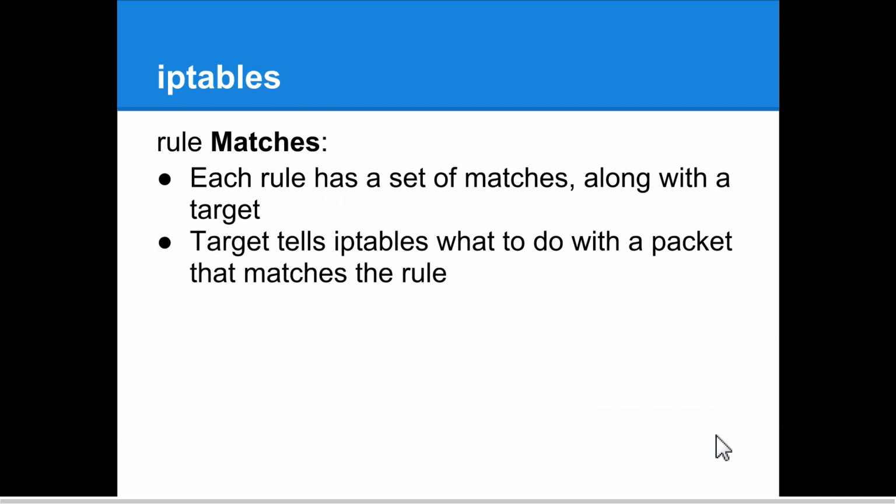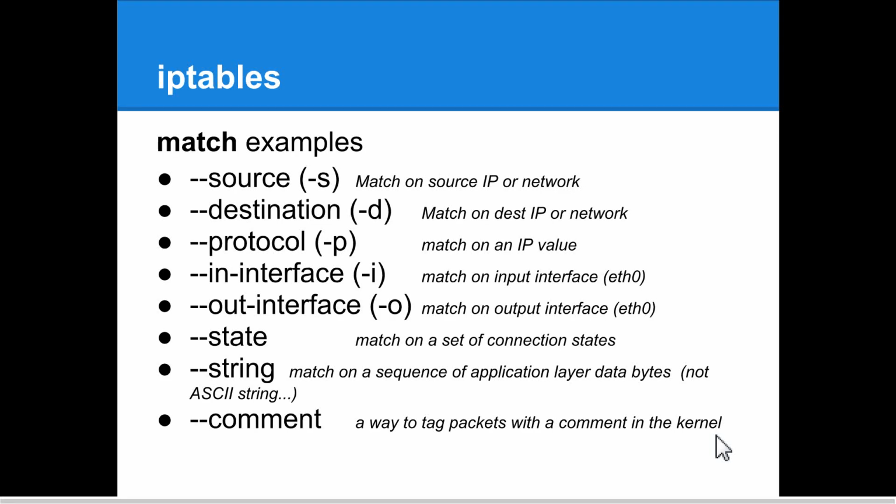So whenever a rule is matched, it has an action that's triggered. Typically, it's just forward it along, or drop, or reject. But match rules, these are some good examples.